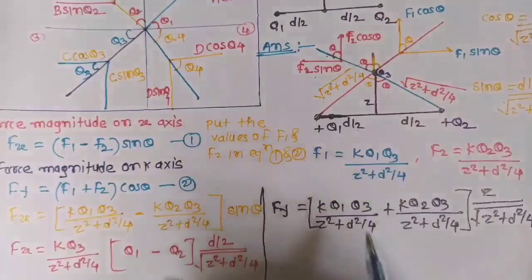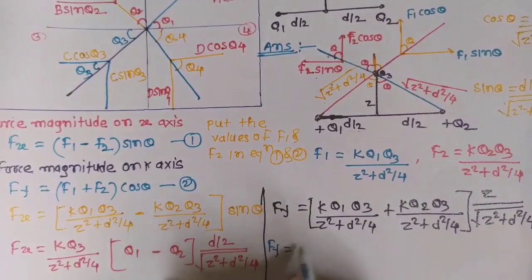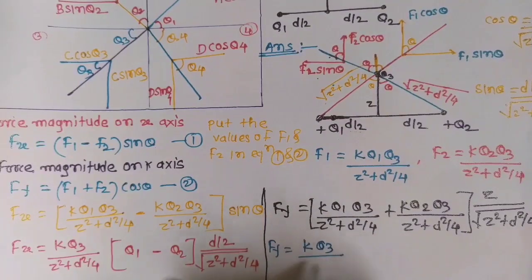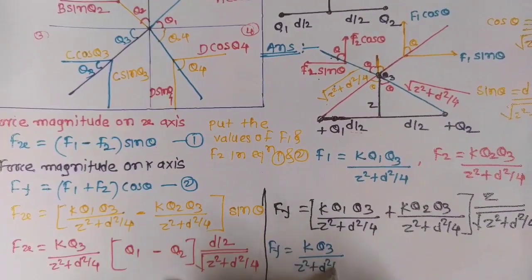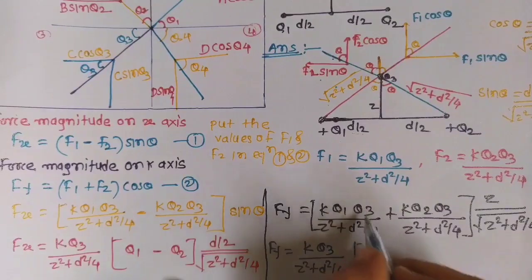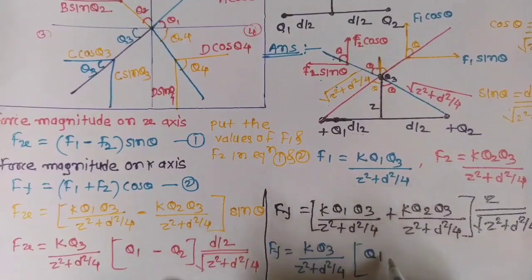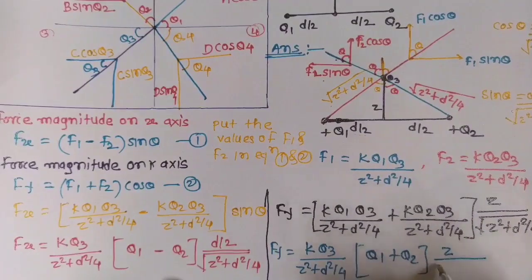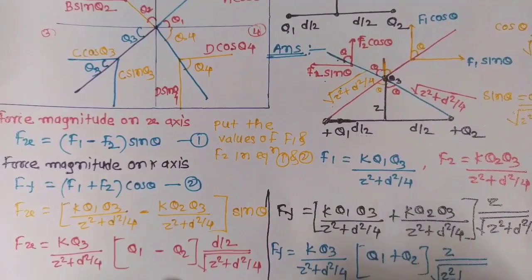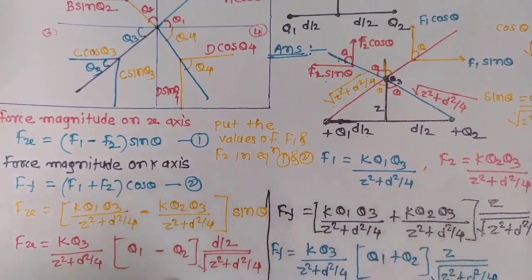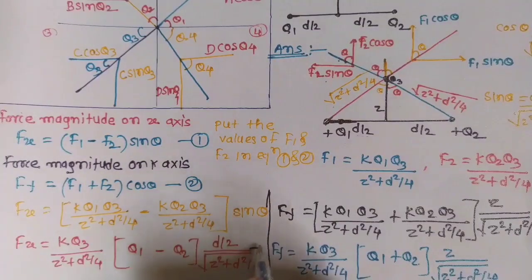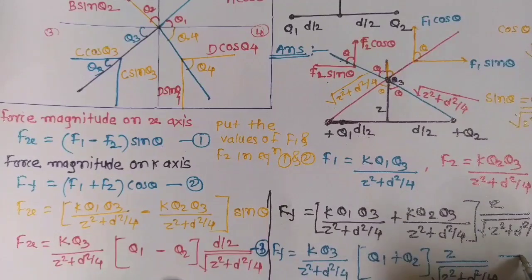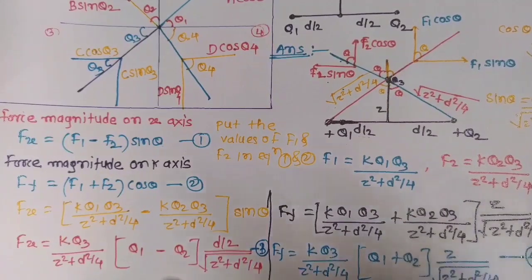Okay. In short, we can write it as, common terms are k q3 upon z square plus d square by 4. What is remaining? (q1 plus q2) into z upon under root z square plus d square by 4. This is equation number 3 and this is equation number 4.